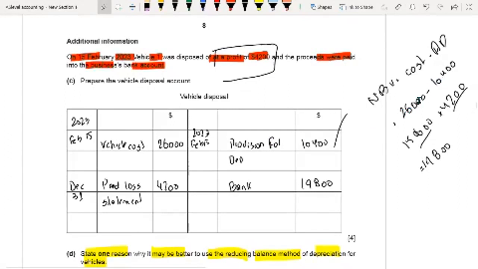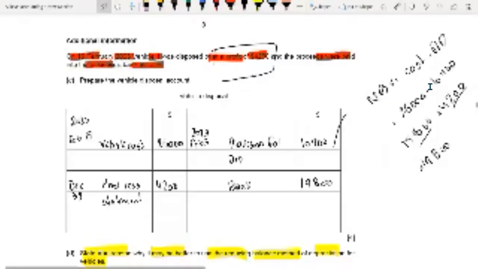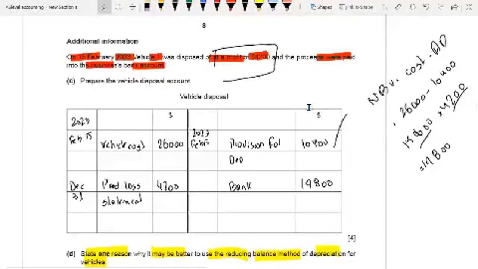So how did I calculate the 1040? You know that we purchased this in 2021. So 2021 depreciation was 5200, and for 2022 it is again 5200. So 5200 plus 5200 is equal to 10400.